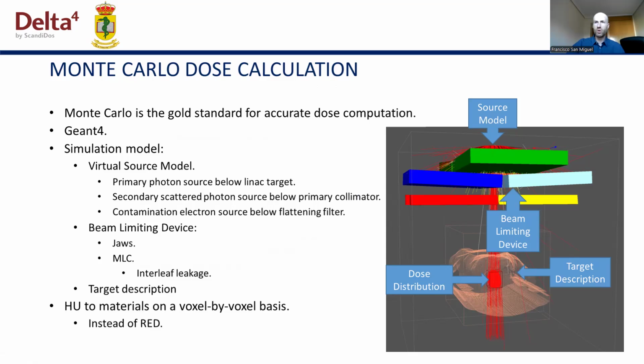The virtual source model is employed to model the clinical beam and has three components: a primary photon source with a Gaussian distribution located directly below the LINAC target, a secondary scattered photon source with a Gaussian distribution located directly below the primary collimator, and a contamination electron source with a Gaussian distribution located below the flattening filter.